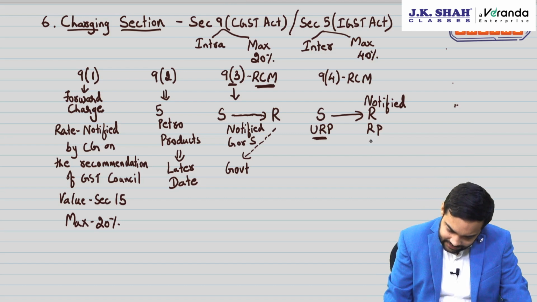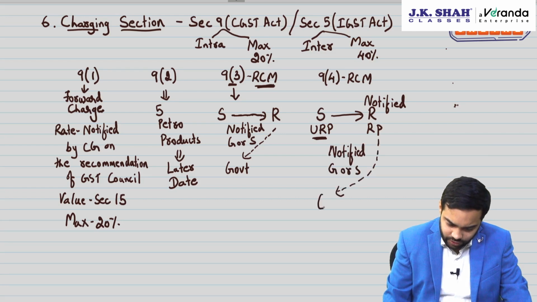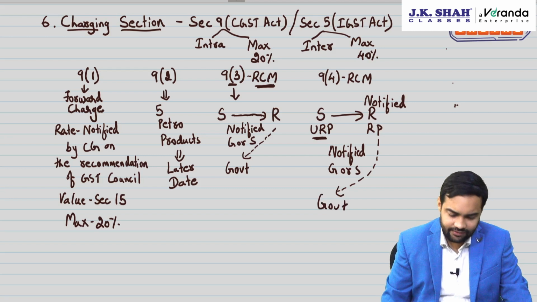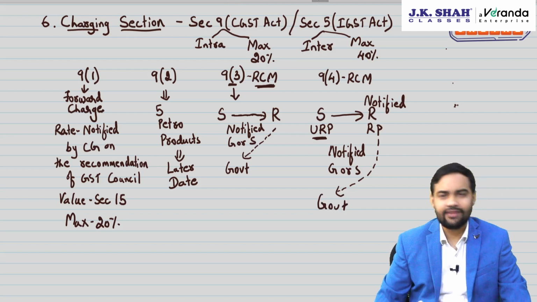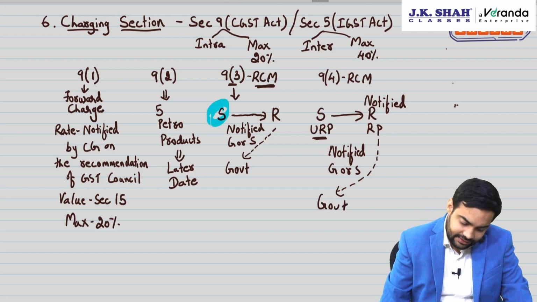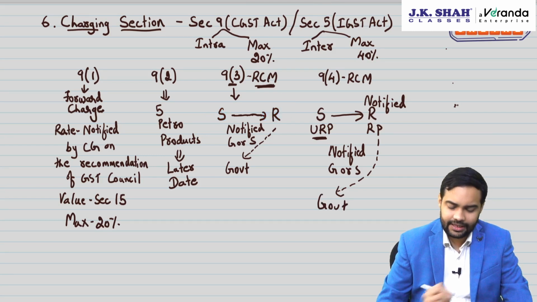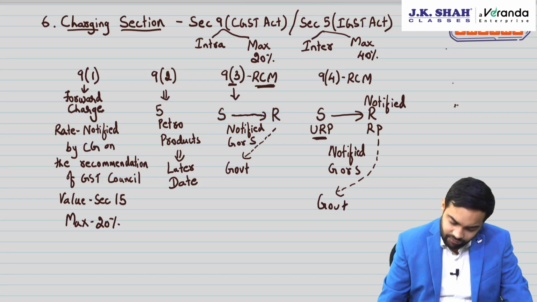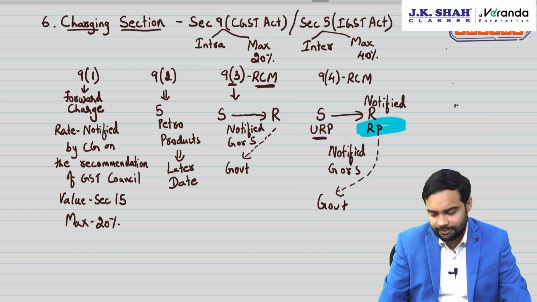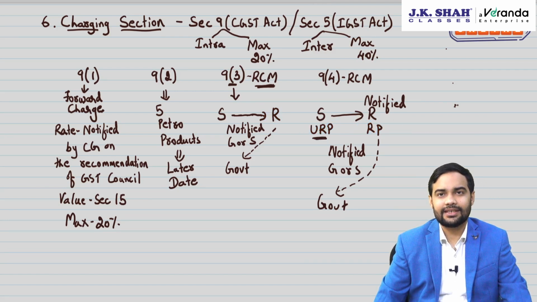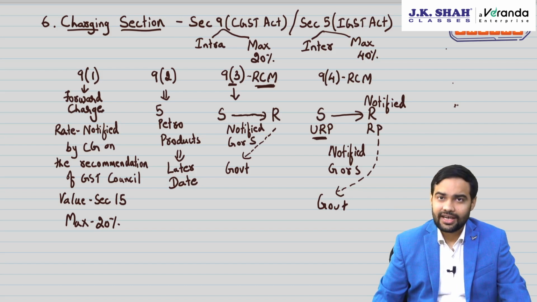Then in that case, for notified goods or services, recipient will pay the tax directly to government. Now the difference between 9.3 and 9.4 is that in 9.3 there is no combination. Supplier can be anyone, recipient can be anyone. But in 9.4, supplier has to be an unregistered person and recipient has to be a registered person. Only then 9.4 can trigger.